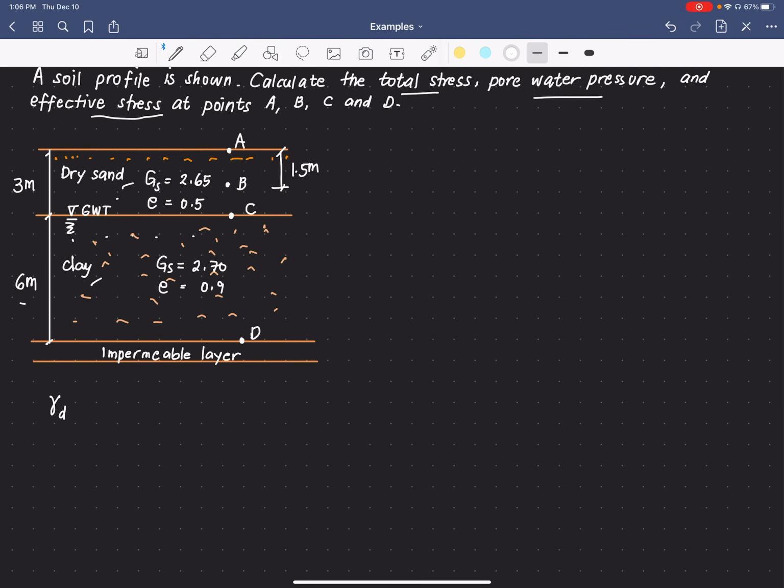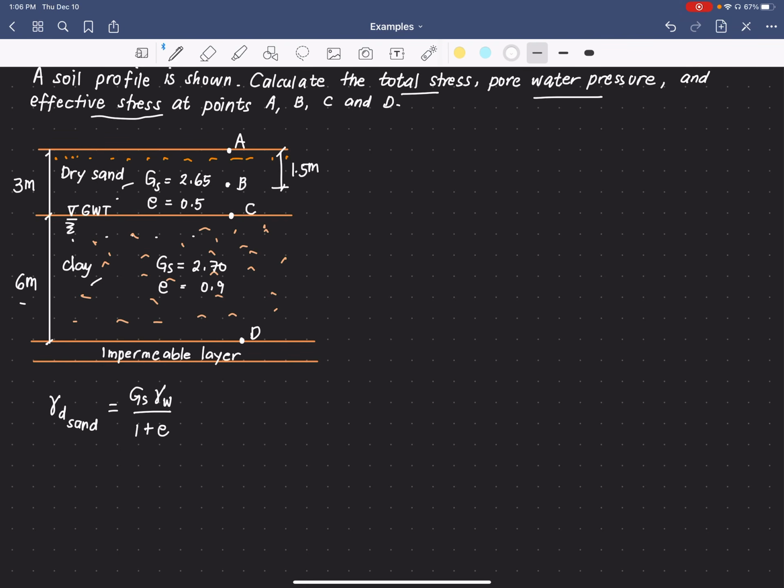which is equal to, we have a formula for this, G sub S, or the specific gravity, times the unit weight of water all over 1 plus the void ratio.